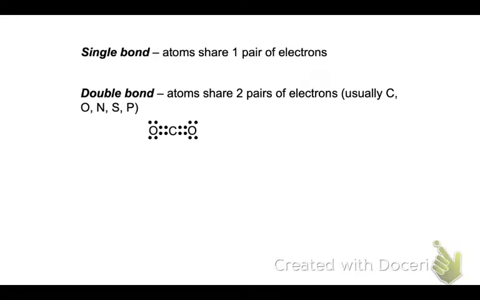This is carbon dioxide. Carbon dioxide shares these orange electrons here. These two pairs of electrons are shared between the oxygen on the right and the carbon, and the other 4 electrons here are shared between the carbon and the oxygen on the left.